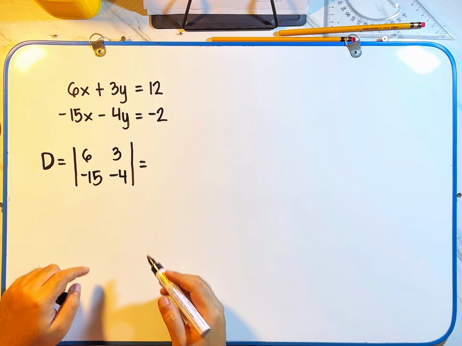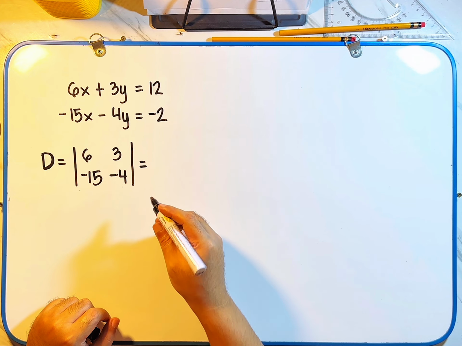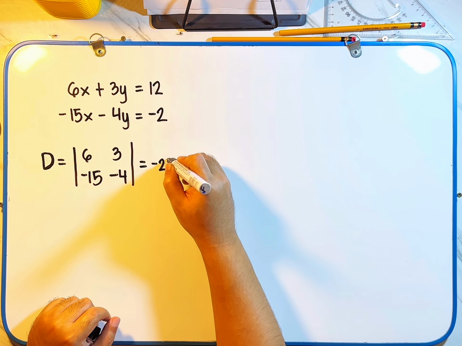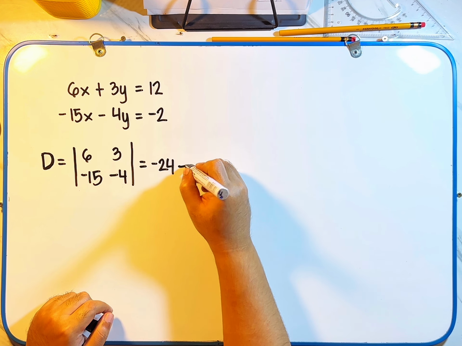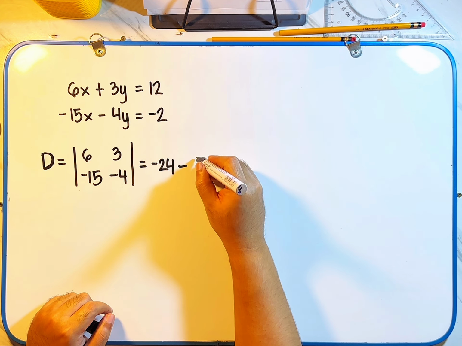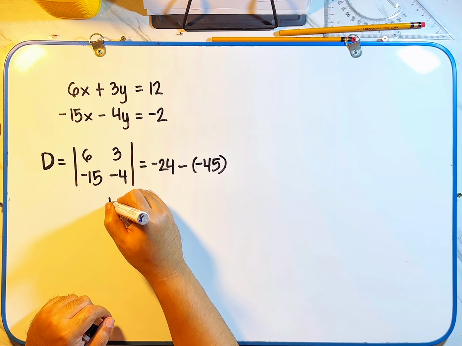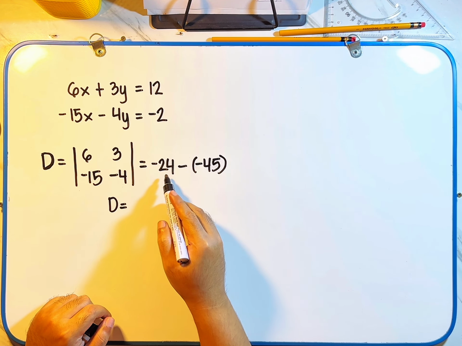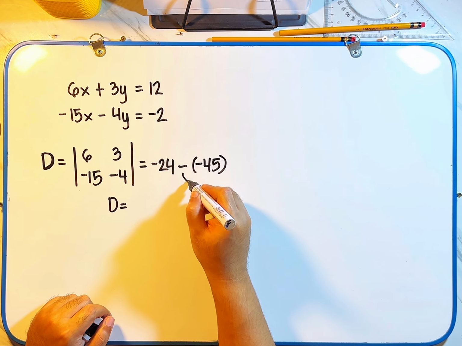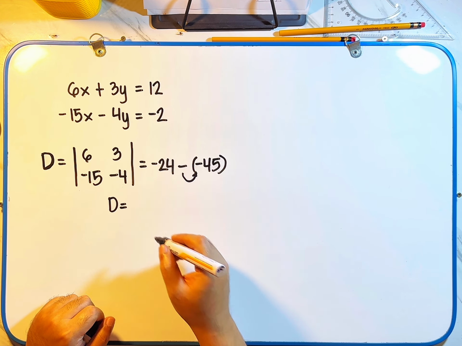Perform the basket method. 6 times negative 4, that's negative 24. And then minus negative 15 times 3, that's negative 45. D is equal to negative 24 plus 45, that is 21.